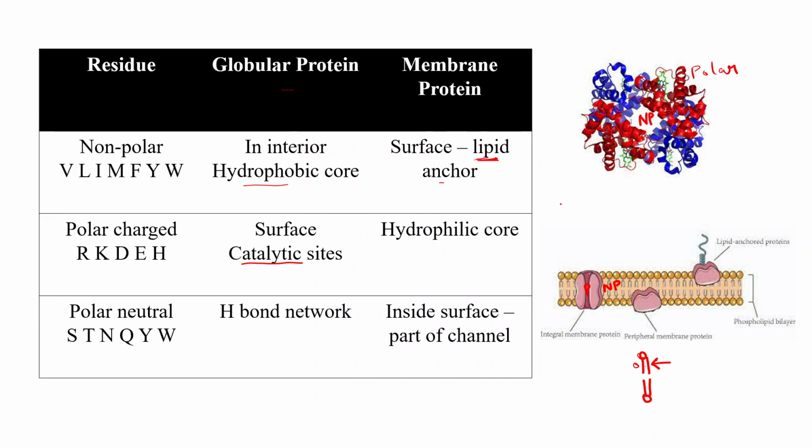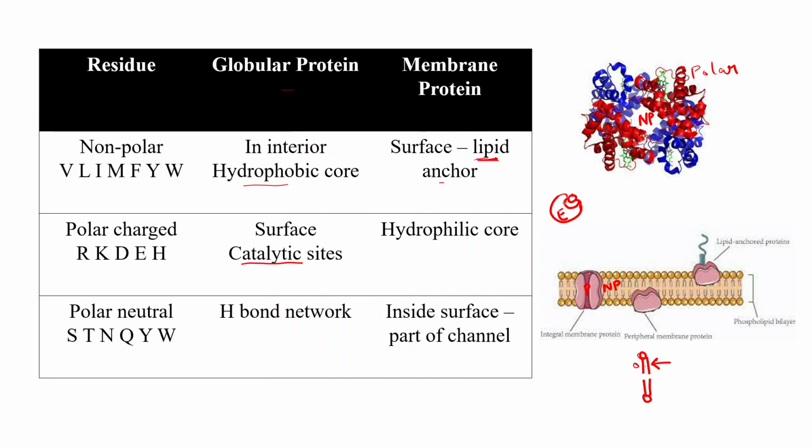In case of an enzyme, the part where the substrate binds to the enzyme, so I have some enzyme E, and there is a substrate that is binding to this enzyme.